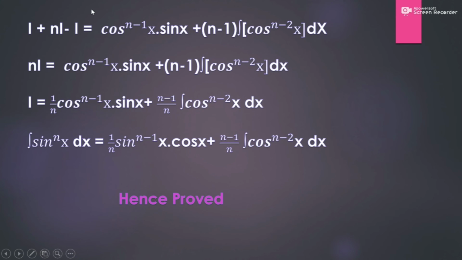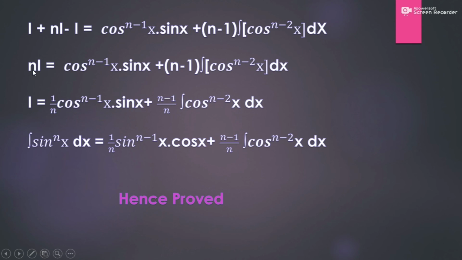Then plus I minus I get cancelled, so only nI is left. Then nI is equal to cos^(n-1)x sin x plus (n-1) times the integral of cos^(n-2)x dx.